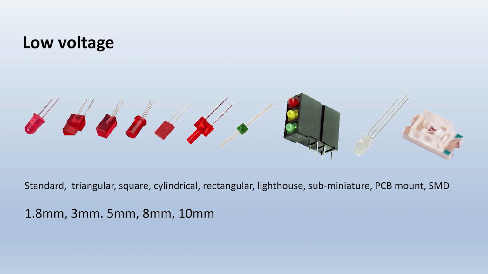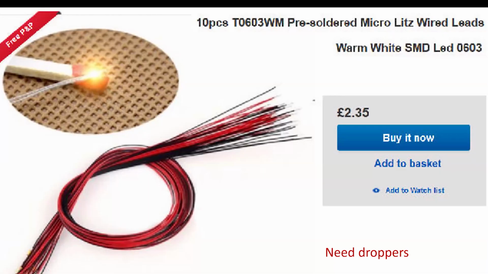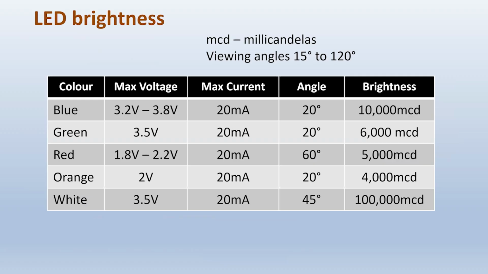And they come in all shapes and sizes, right down to tiny surface mount pieces and even smaller, pre-wired with microlitz wire. They vary in brightness depending on what you choose. They're measured in millicandelas, thousandths of a candela.